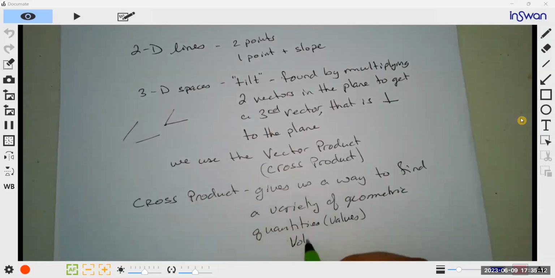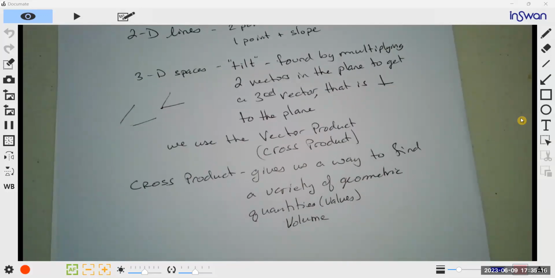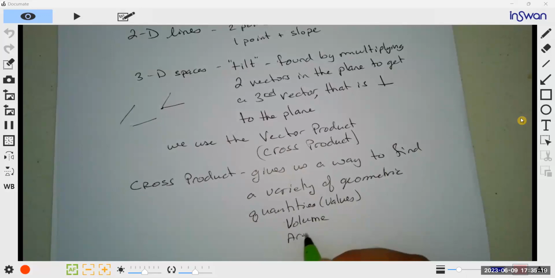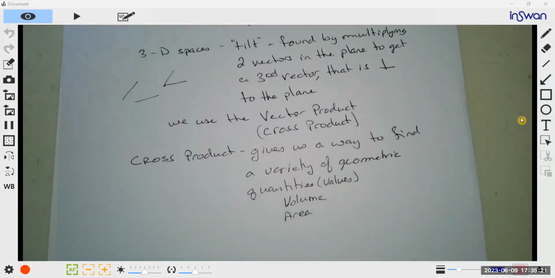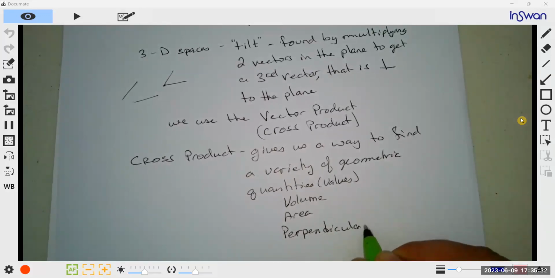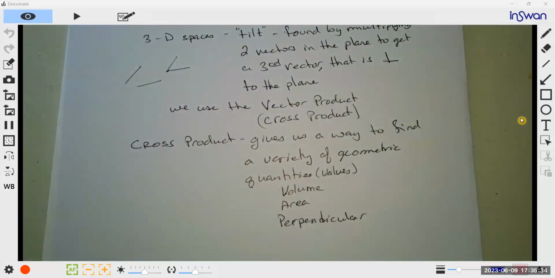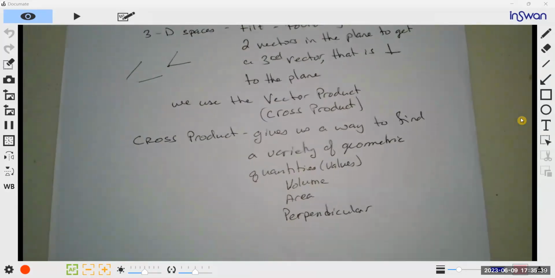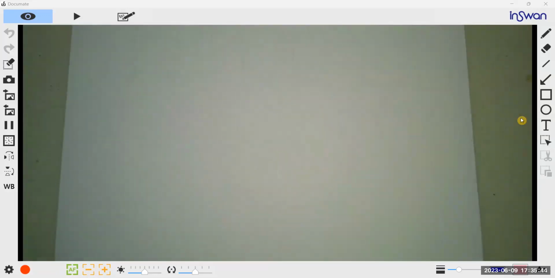Since we have 3 dimensions, we can find the volume of an object, the area if it's 2-dimensional, or the surface area of an object, and we can find perpendicular vectors to a line or a curve. All right, so let's look at the first thing.